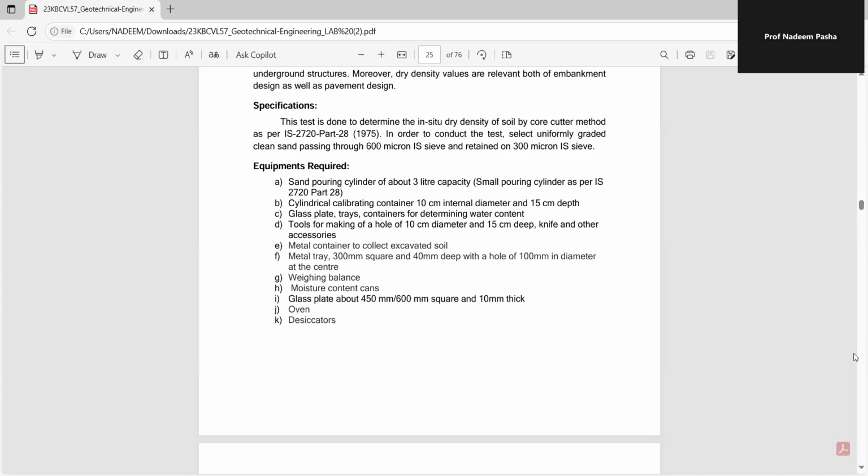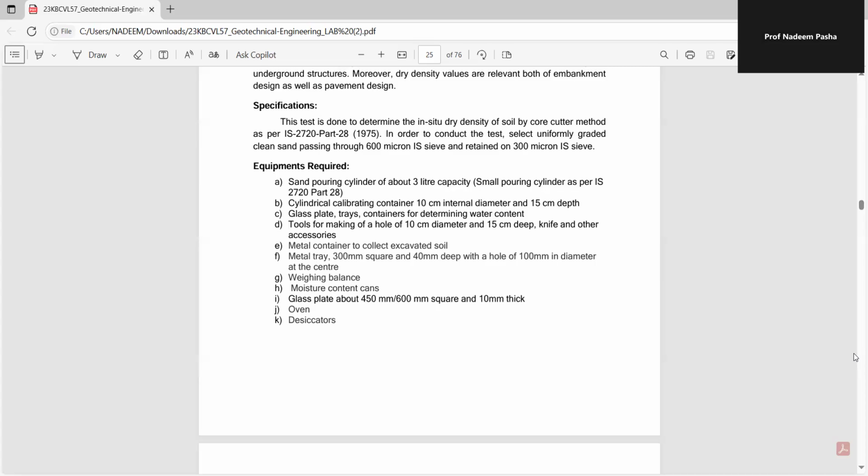In order to conduct the test, select uniformly graded clean sand passing through 600 micron IS sieve and retained on 300 micron IS sieve. So these are the IS sieves used.